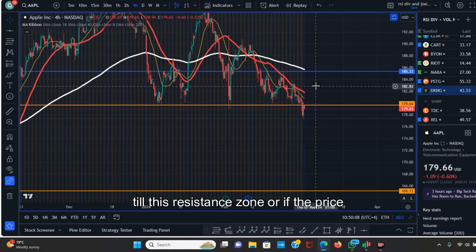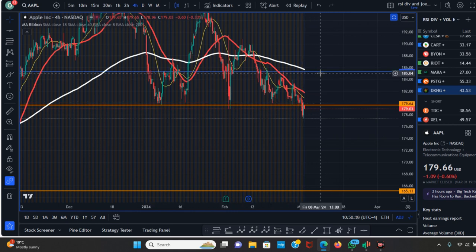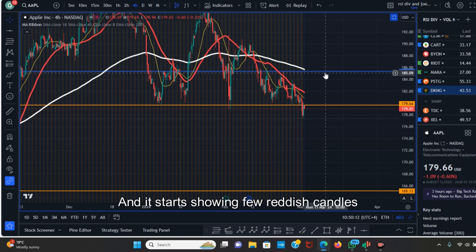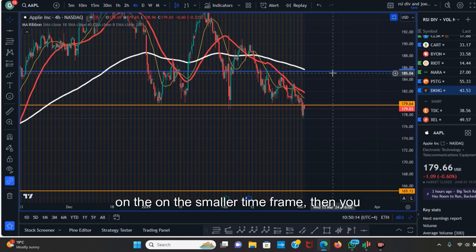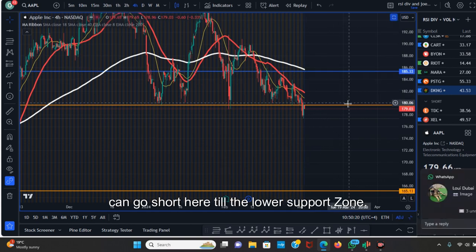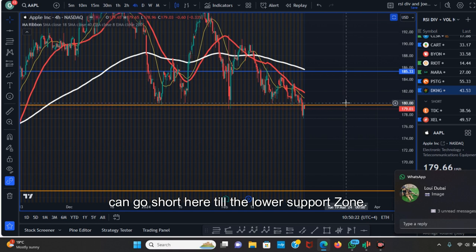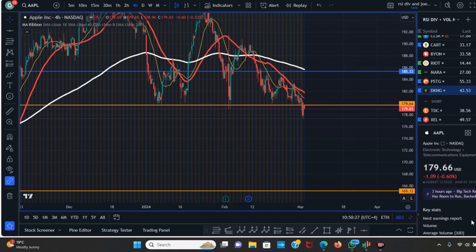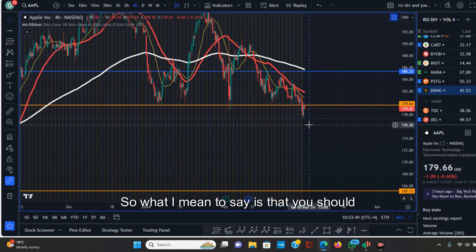Or if the price is here and it starts showing a few reddish candles on the smaller time frame, then you can go short here till the lower support zone.